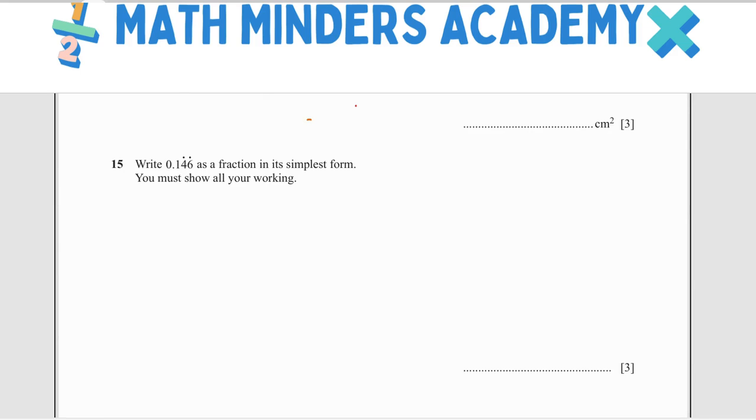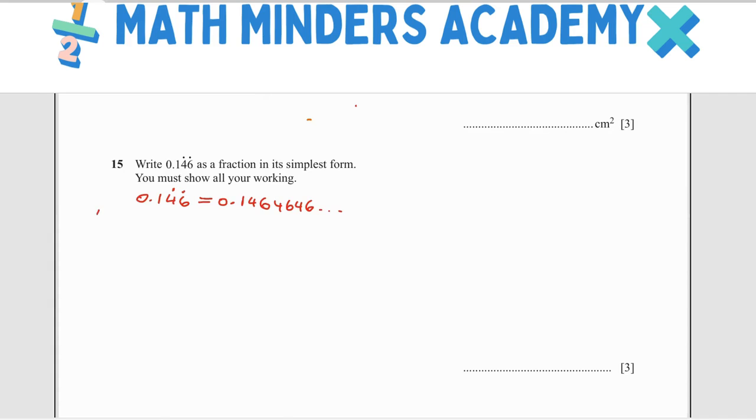So this number, 0.146 recurring, is the same thing as 0.1464646, and so on and so forth.